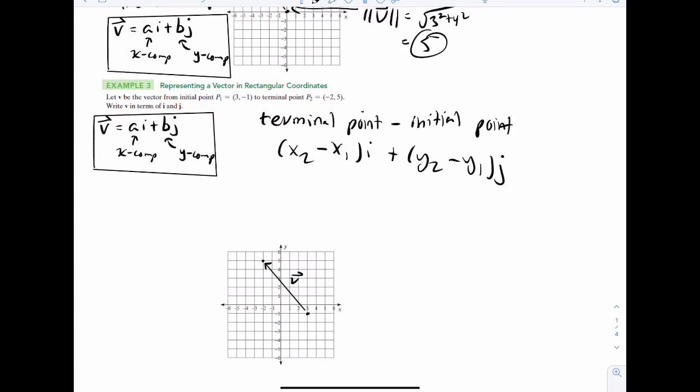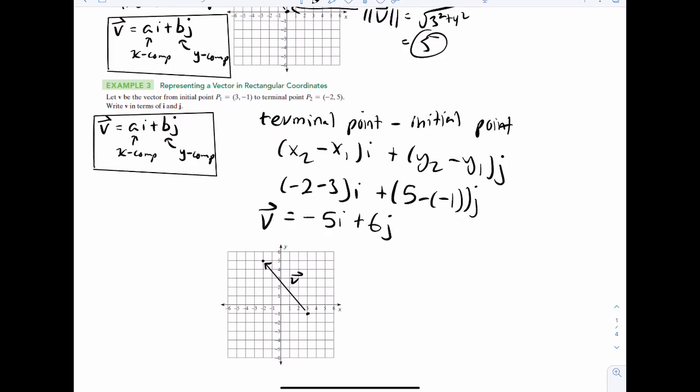So my x2 point is negative 2, so negative 2 minus 3i, and then 5 minus negative 1j. So now I have negative 5i plus 6j, and that's going to be my vector in component form right there.